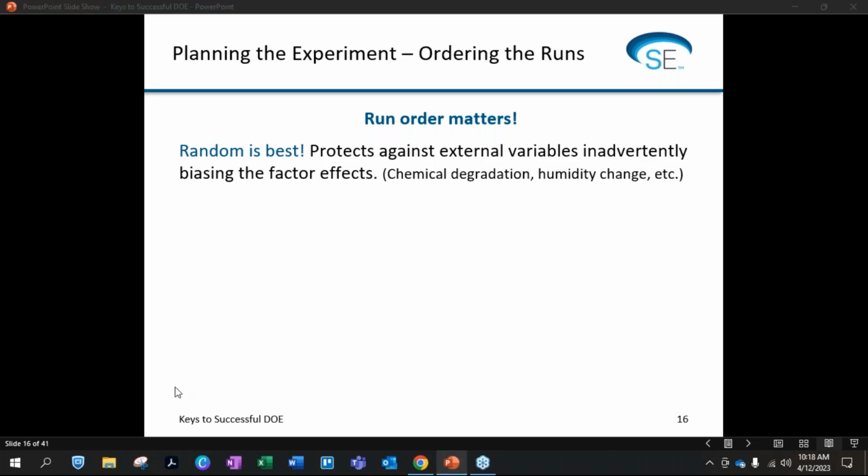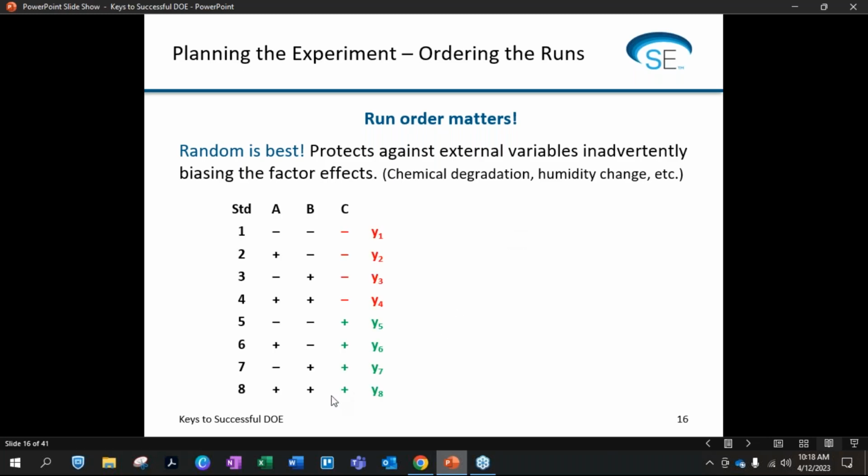So let me give you a little bit of an example here. So let's see, this is a set of runs. So the minus signs are low values and the plus signs are the high levels. And this is in standard order. So that means for factor C, all the low values of C are run first, and then all the high levels of C are run second.